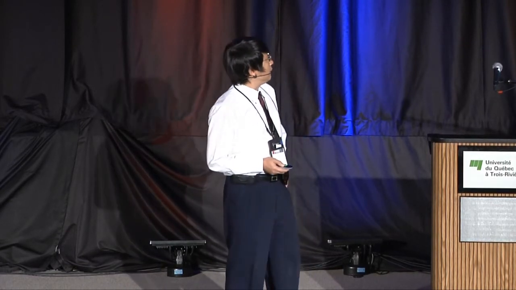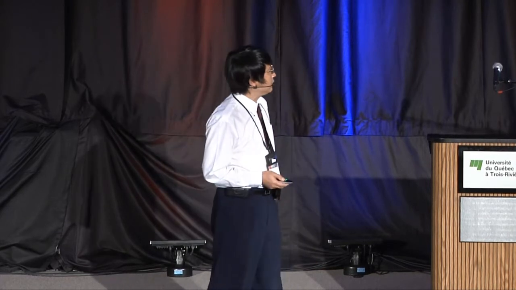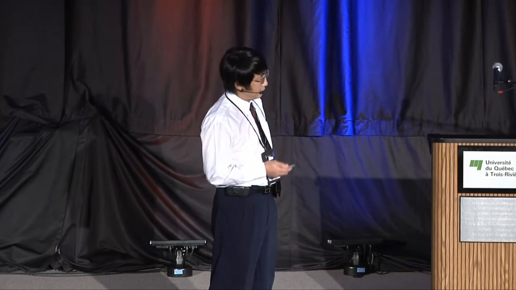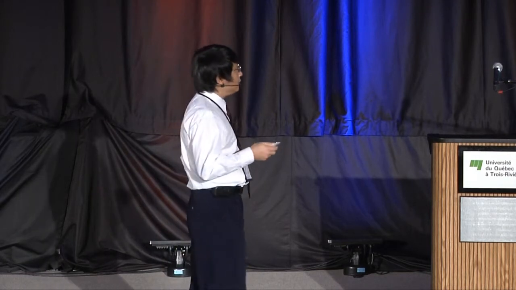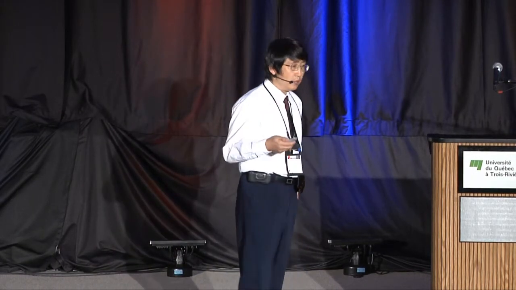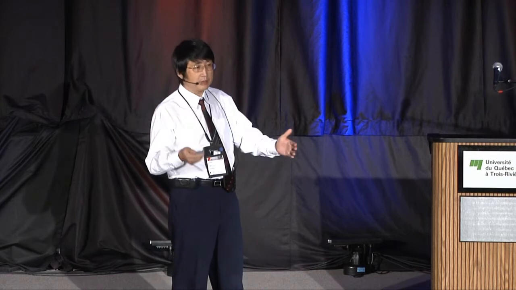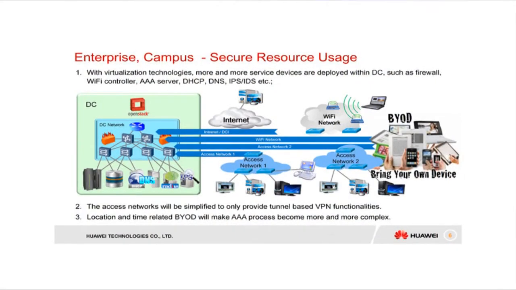For the campus enterprise network, so far we have just been talking about the DC. If we say the DC is like the human brain, then this brain needs sensors, nodes, and detectors to feed information into the DC.